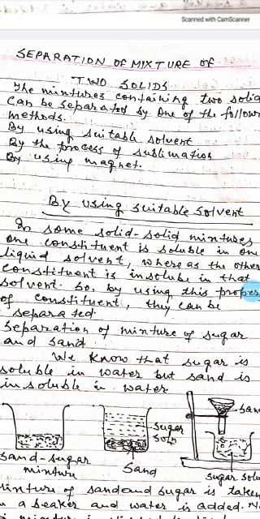For example, the process involved to separate the components of mixture sugar sand mixture. As we know, sugar is soluble in water, but sand is insoluble in water. So, we take water as solvent.